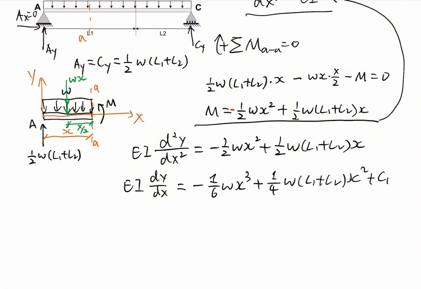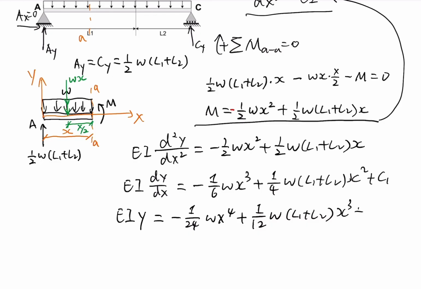And the second integration, we will have EIy equals 1 over 24 W x to the fourth plus 1 over 12 W (L1 plus L2) x cubed plus C1 x plus C2.